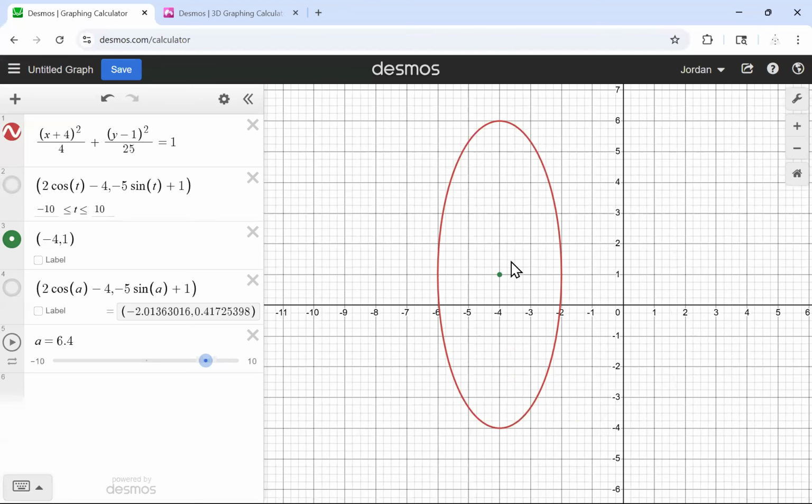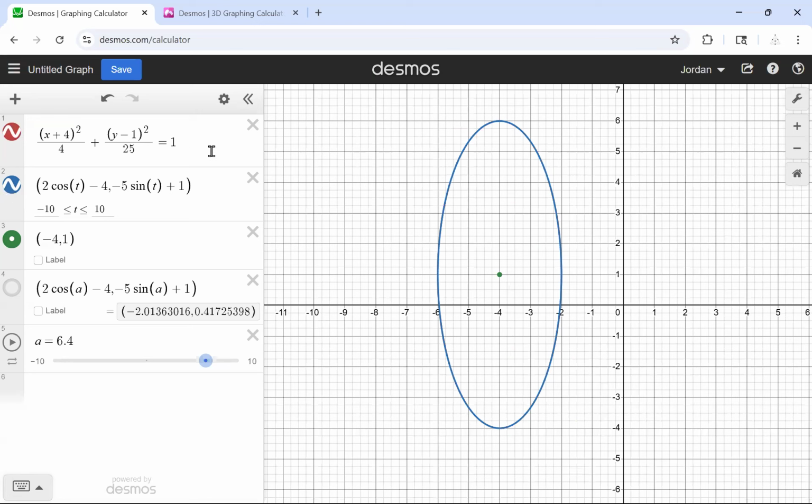Here is that graph. So the graph of the ellipse, as you can see, is stretched out more in the y direction than it is in the x direction. That is the graph of the ellipse in the rectangular coordinate system. If I do parametric, I get the exact same thing.